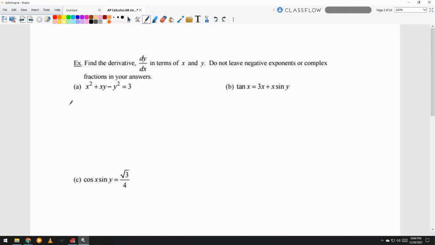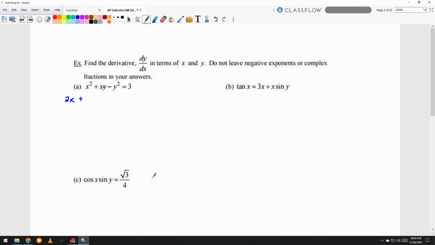So problem A here, we are going to take the derivative of x squared, which is 2x. Remember, we do not need a dy over dx because it's not a y term. It would be a dx over dx, which is equal to 1. Middle term, we have a product of x times y.